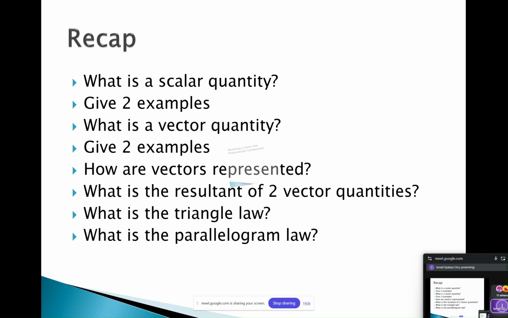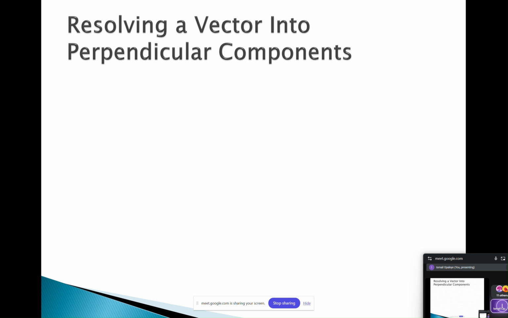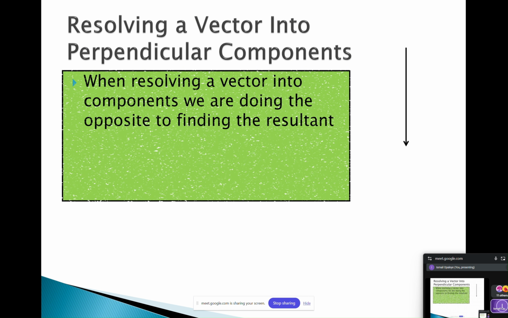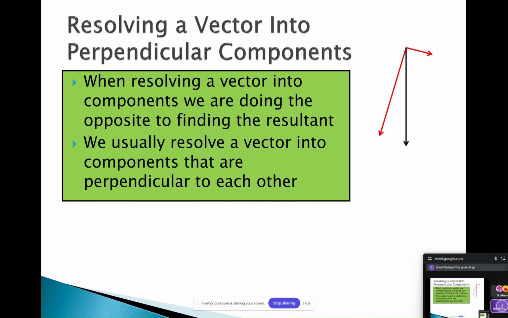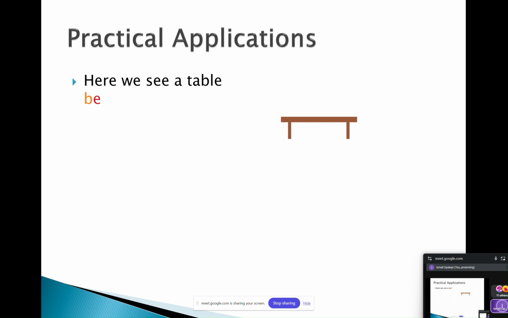Okay. So resolving a vector into perpendicular components, you have it straight down here. When resolving a vector into components, we are doing the opposite of finding the resultant.